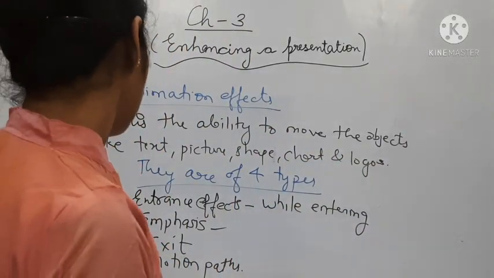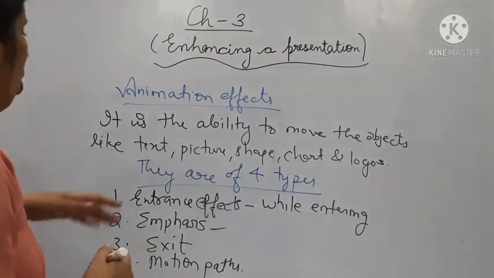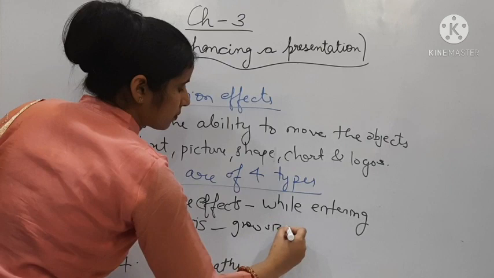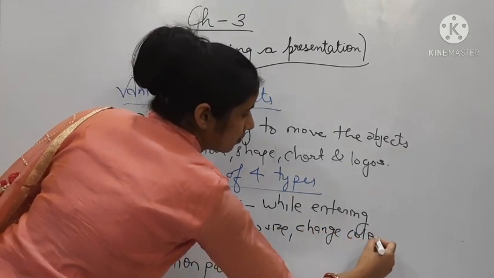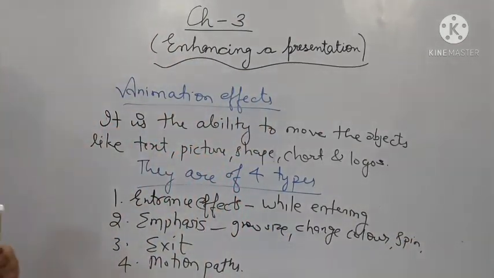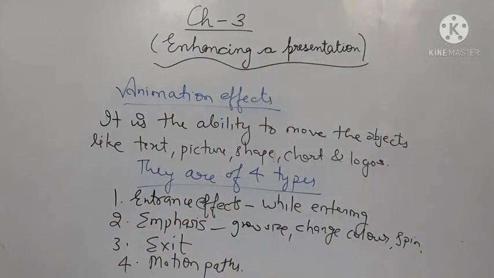Means these effects we can add here in the middle. Emphasis means grow size, change color, and the third one is spin. Spin means rotate. Okay, in 3 ways we can provide emphasis effects.